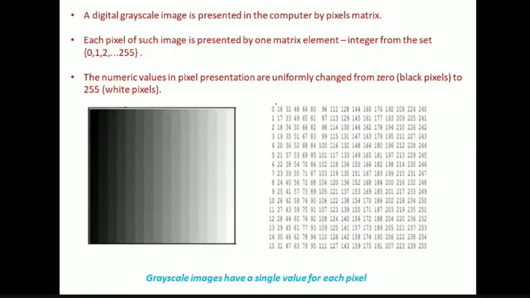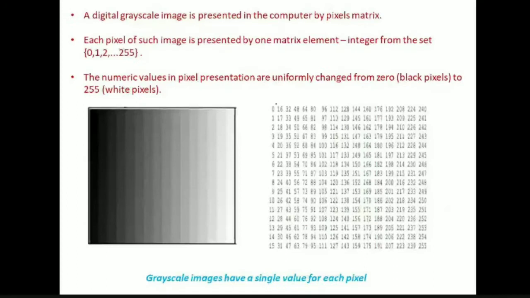When we increase from the lower number to the higher number, the pixel value changes from complete black to complete white. So the grayscale image has a single value for each pixel. Whatever pixel you take in the shown image, every pixel is going to have only a single value. So this is about a grayscale image.